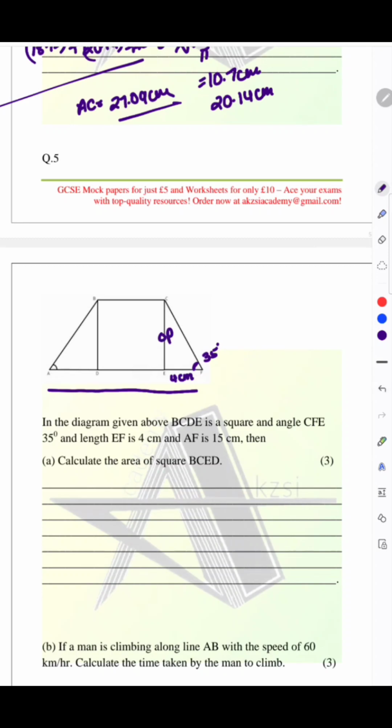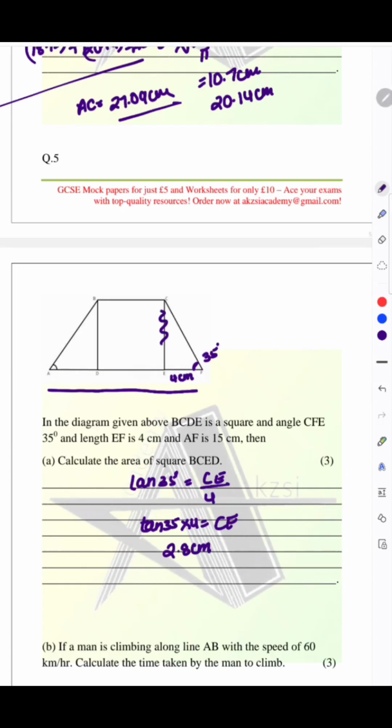This one is opposite and the one connecting them is tan. So clearly tan 35 is opposite, that is CE, over adjacent, which is 4. So tan 35 times 4 will give you the length of CE. So this is equal to 2.8 centimeters.